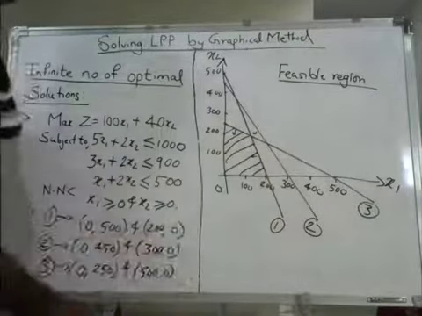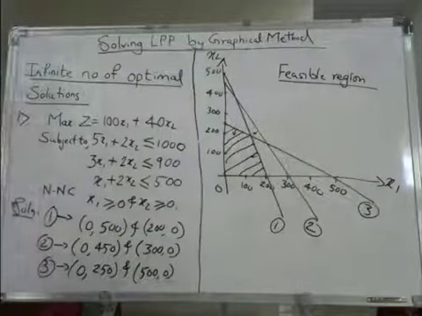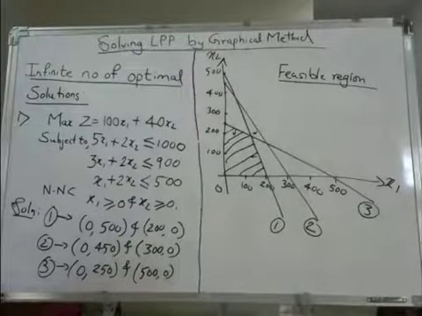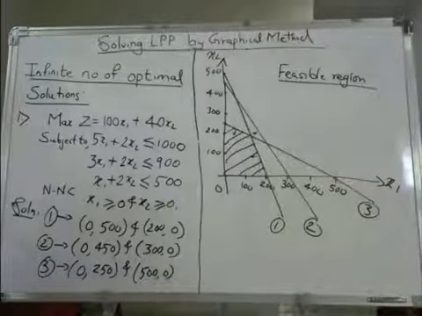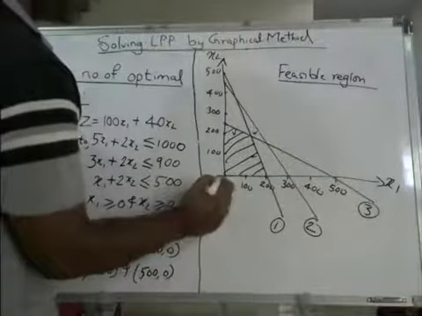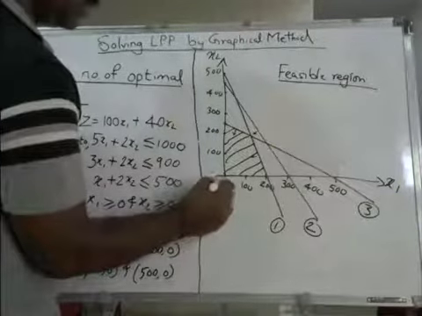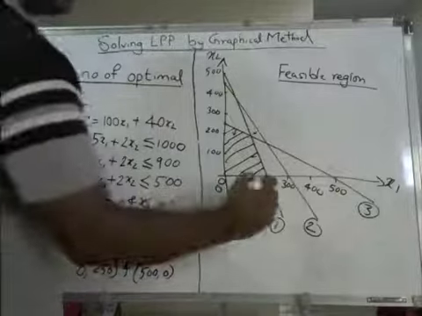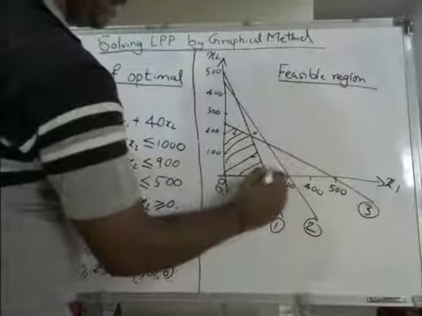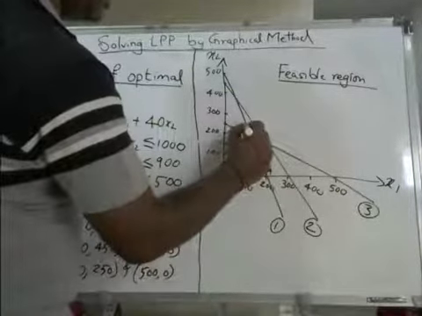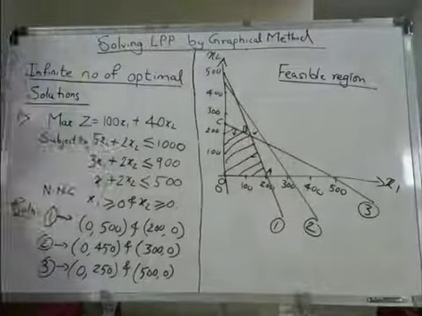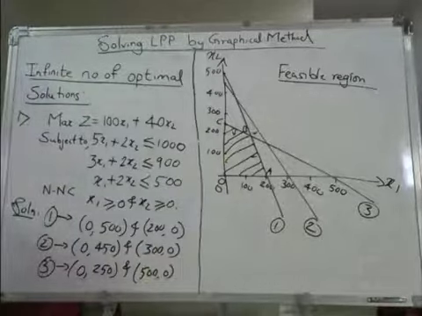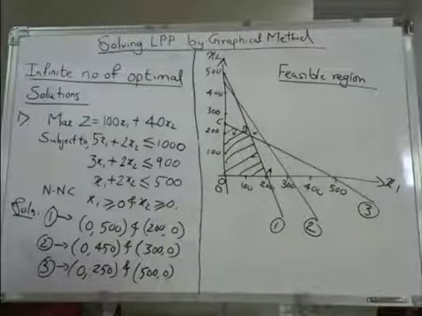feasible region. Now for this feasible region, we need to name the coordinates here. Now, the first coordinate, let us take it as O. Now, let this be A, let this be B, and C. Now, the feasible region is OABC.